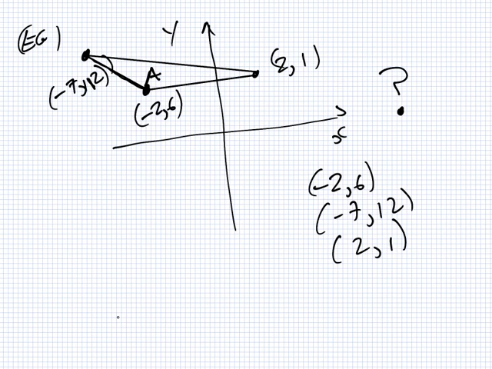Move which one? Yeah. So what you do here is you take this triangle and you just move all the points until one of them is at 0, 0.